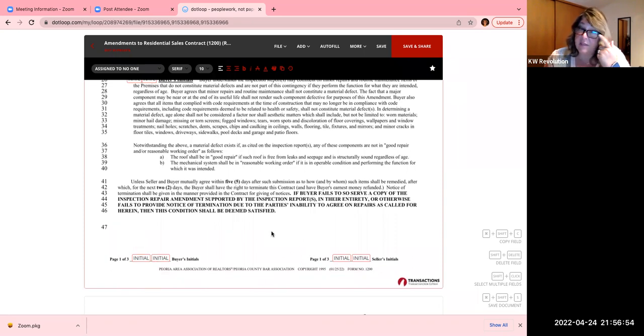Here it says that unless the buyer and seller mutually agree within 5 days after submission on how and by whom these items will be remedied, then the buyer has 2 days to terminate the contract. So you have 5 days. So let's just say today, Monday, I submit a repair amendment to a listing agent, and it has 7 things on there that the buyer really wants fixed in order to purchase the home.